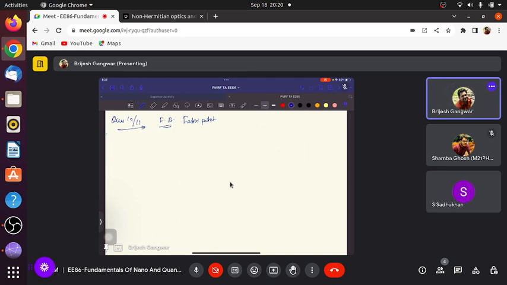These are two mirrors, reflectivity is R1 and R2, and R1 is equal to R2 is equal to R. The figure below depicts the transmission spectrum of three Fabry-Perot cavities A, B, and C, whose mirror reflectivities are given as RA, RB, and RC.